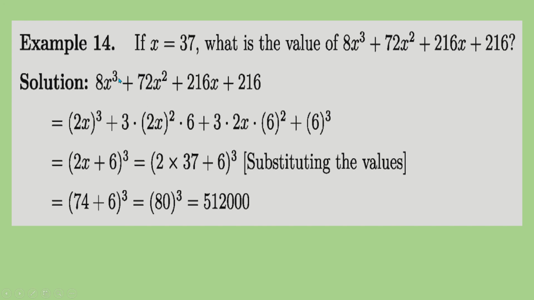So 8x^3 we can write as (2x)^3 plus 3 into a^2, meaning (2x)^2, into 6, because here 72 is given. Here 6 means b. 6 into 3 is 18, 18 into 2 squared, which is 4, so 18 into 4 means 72, plus 3ab^2, where a means 2x and b means 6, and 216 equals 6^3. Clear?